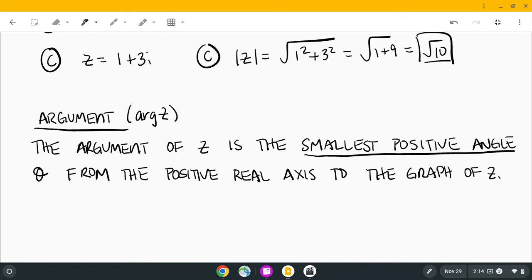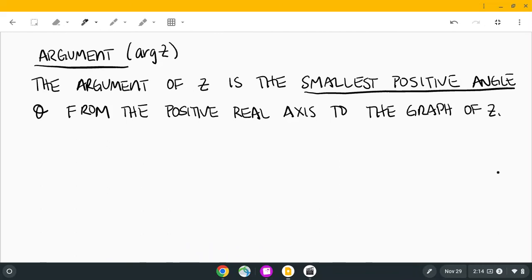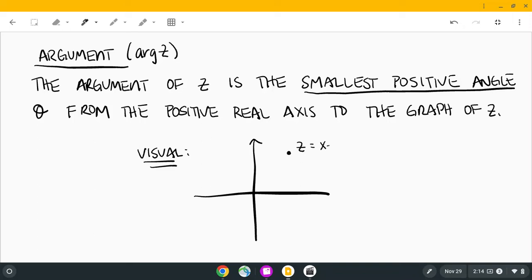Okay, and I'll draw you a visual. So here, if you have your complex number z over here, which is some x plus yi, then that angle, that argument of z, would be this angle right over here.